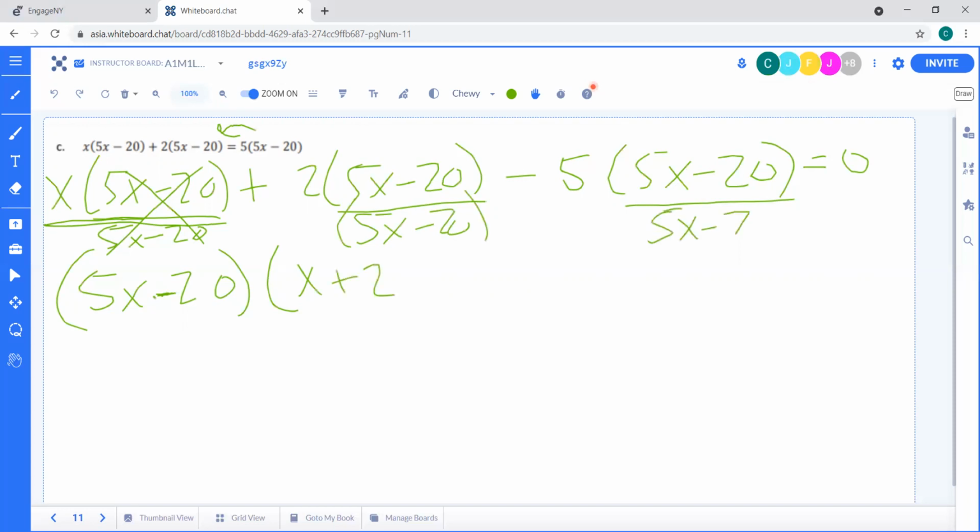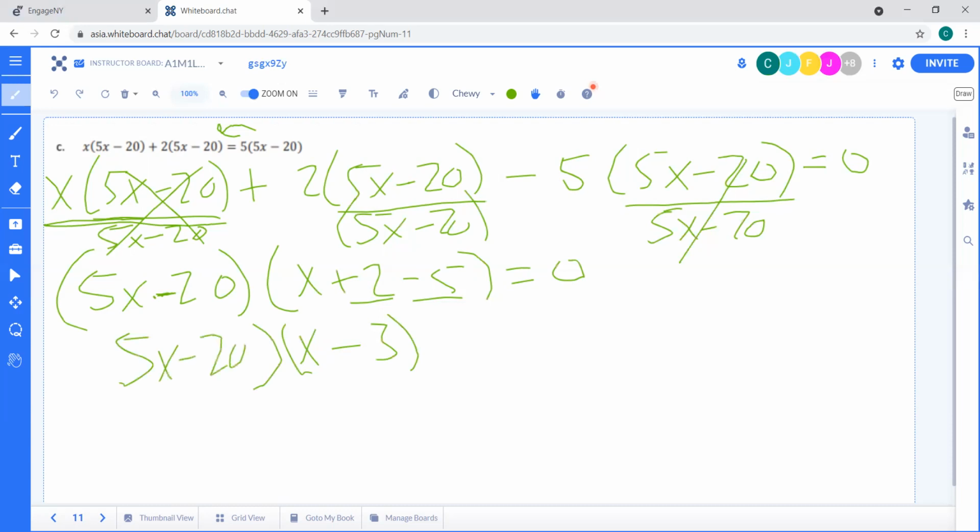And the same thing right here leaves me with minus 5. And so if I was to distribute that, that's what I would get. Okay, that's all equal to 0. Now I can do this, x minus 3, right? I combine those terms, I get x minus 3. And I still have my 5x minus 20.